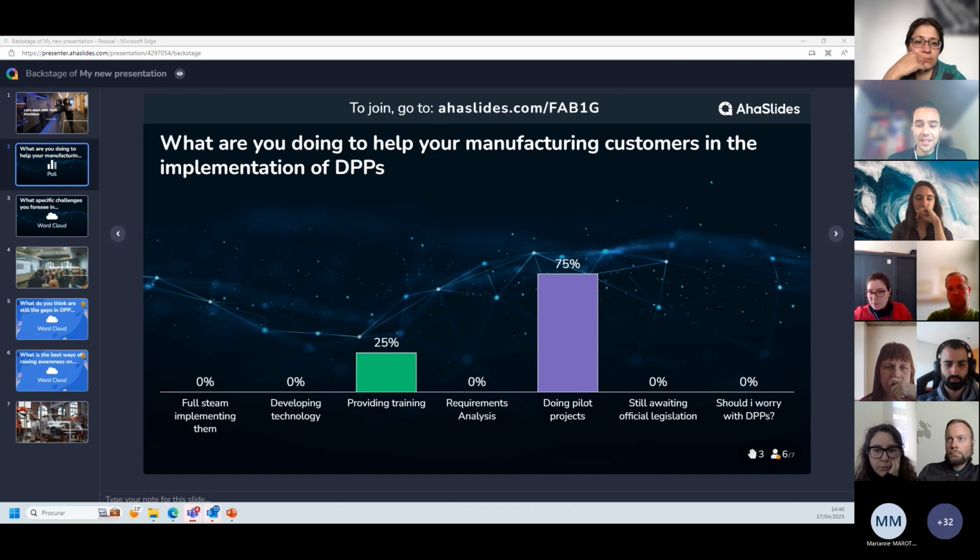Yes, that is actually very important work, and as Rembrandt said, in the presentations and PowerPoints this all seems very animated and working, but there are certainly a lot of specific challenges in the implementation of DPPs and this data exchange.